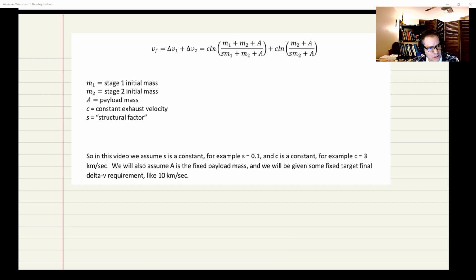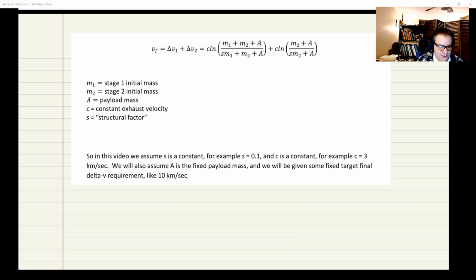So in this video, we're going to assume S is constant. For example, S could be 0.1, and C is constant. For example, C could be 3 kilometers per second as the exhaust velocity. And also, you can assume that A is some fixed constant value representing the mass of the payload.